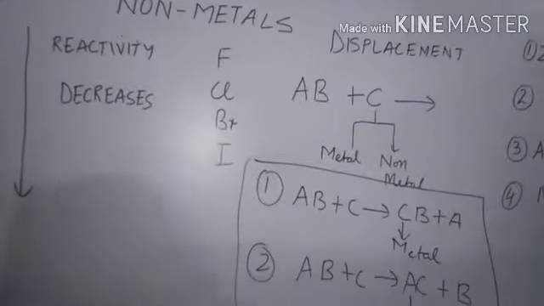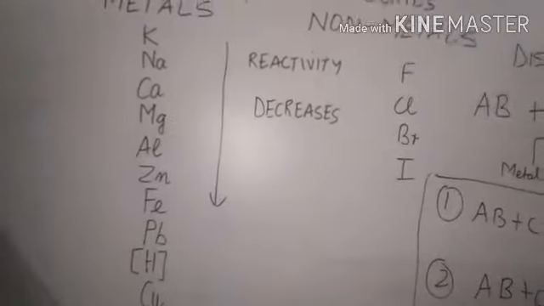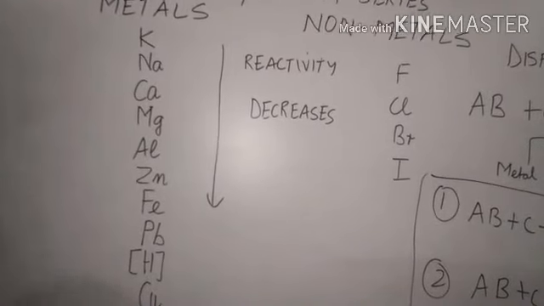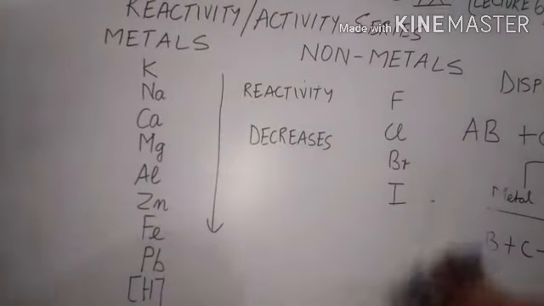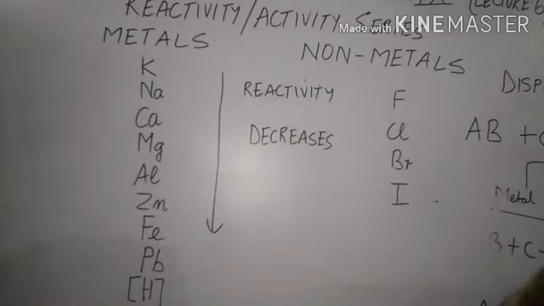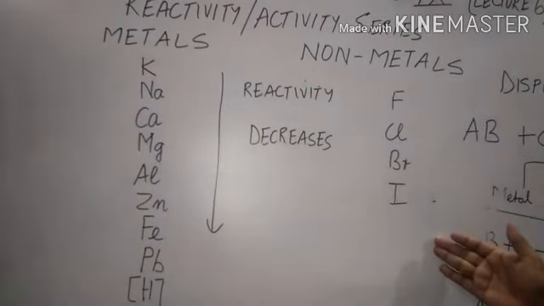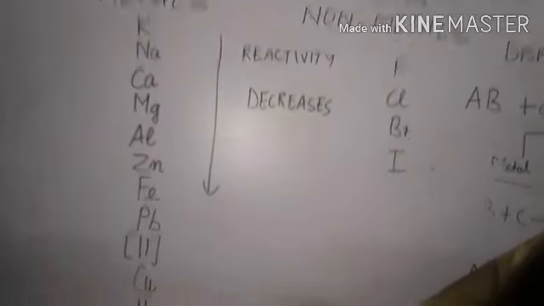Now let us see this reactivity or activity series. It's also in your book. What I have done is that I have shown metals, and then I have shown non-metals. So this is the reactivity series for metals.